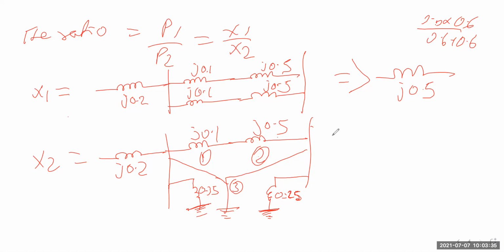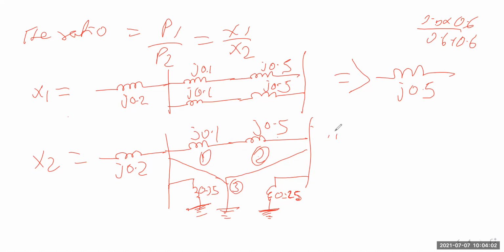Now, how will you be finding one? If we convert this particular segment in a pi manner, then it will be very easy. This one would be converted in that segment. So what will be one?